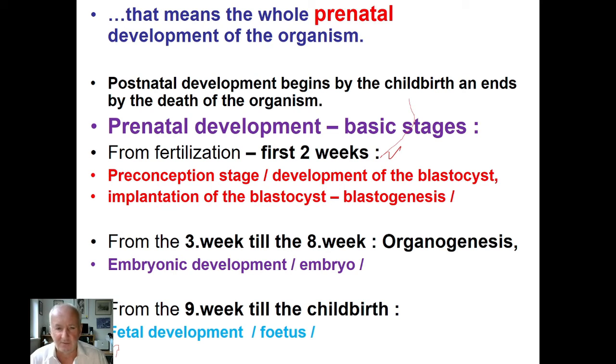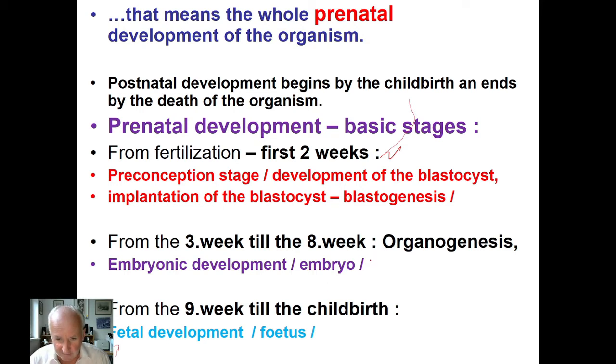Today, from the zygote, we get to the next stage, which is called the morula. From the morula, I will try to get to the next stage, which is called the blastocyst. And later the blastocyst has to undergo the implantation into the endometrium, the tunica mucosa of the uterus. So this is the task of today's lecture.